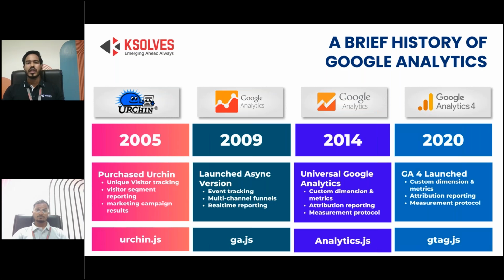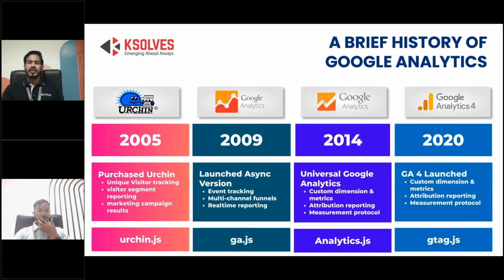Then in 2009, Google Analytics launched its basic version, which helped load the website and improve the UI faster. And it introduced the multi-channel funnel, which helps us get data from different devices. Then in 2014, Universal Analytics was launched, introducing event tracking as well as various dimensions and metrics that give us more insights into customer data.